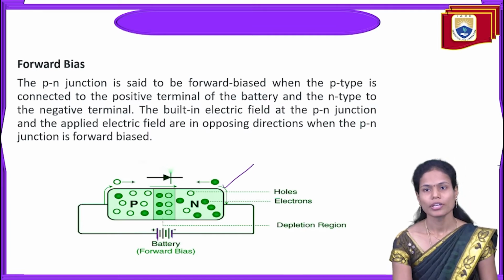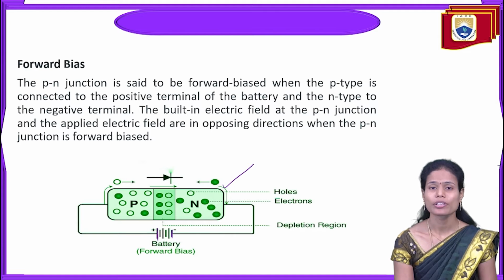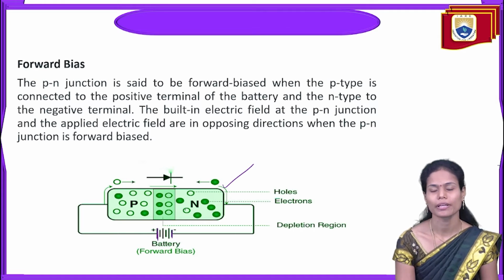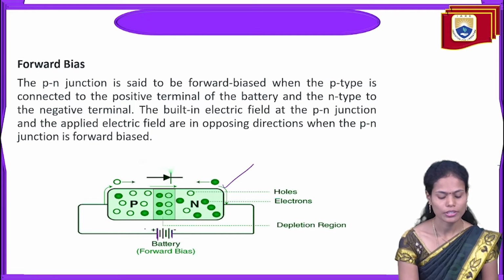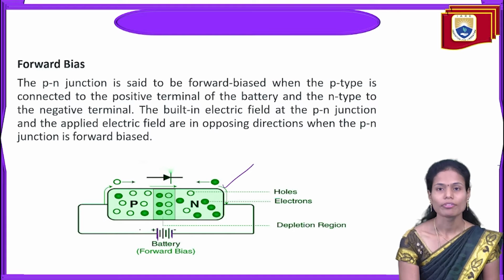Here we need to explain the process going on once we apply the forward bias to the diode. The holes present in the P type material move away from the battery and towards the junction.